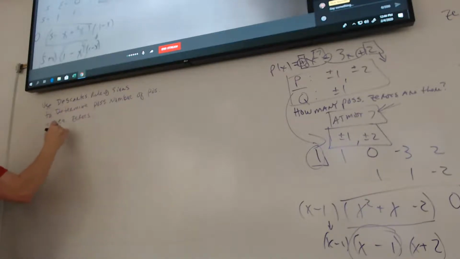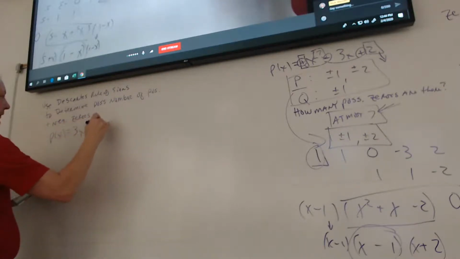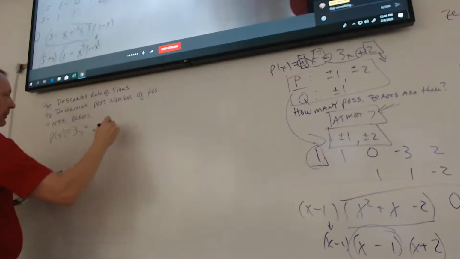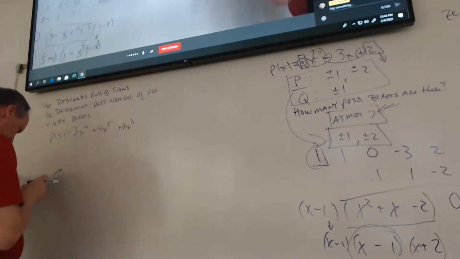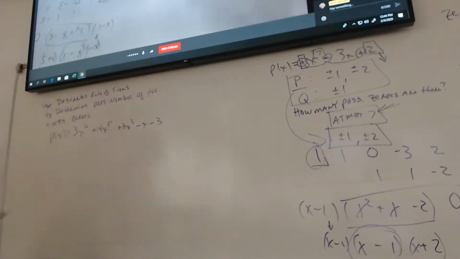P of x equals 3x to the 6th plus 4x to the 5th plus 3x cubed minus x minus 3.